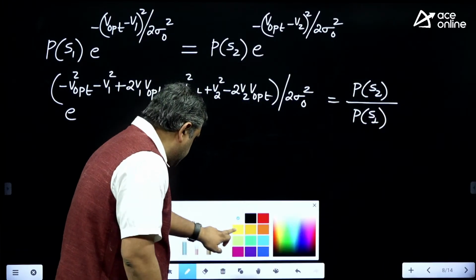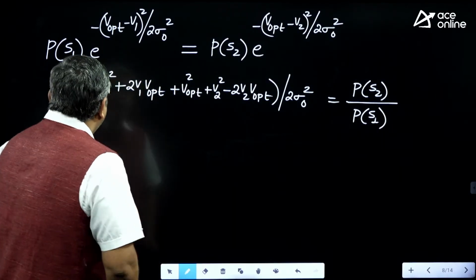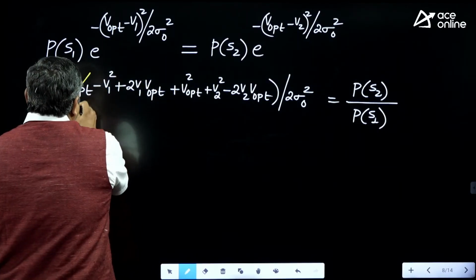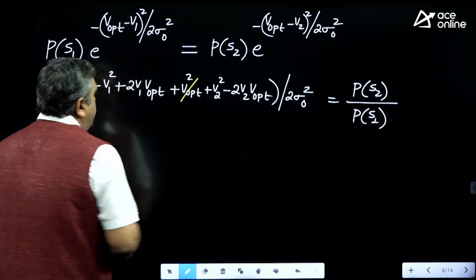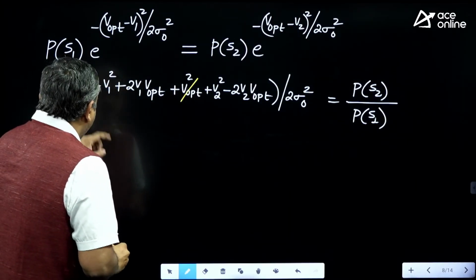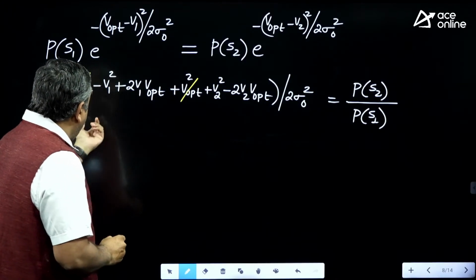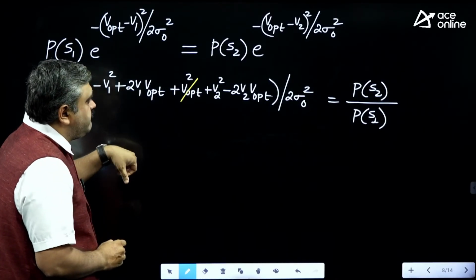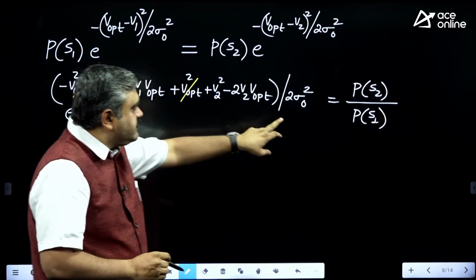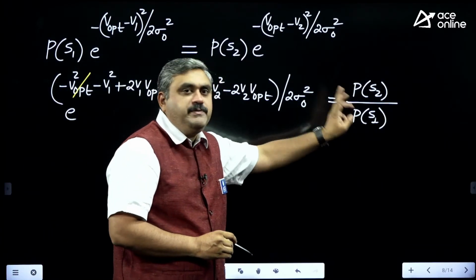Okay, let me change the color. Now, what are the terms you can get cancelled? This VOPT squared, these things will get cancelled. And if you take a natural logarithm on both sides, natural logarithm of e to the base e will become 1. So you will have on the other side ln of P of S2 by P of S1.